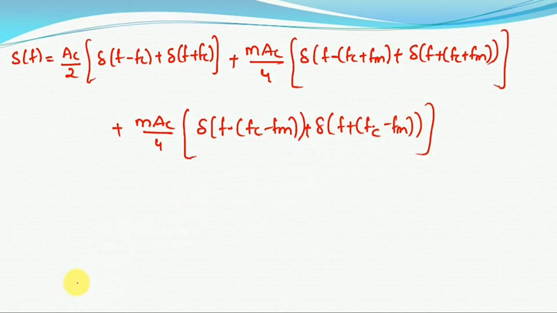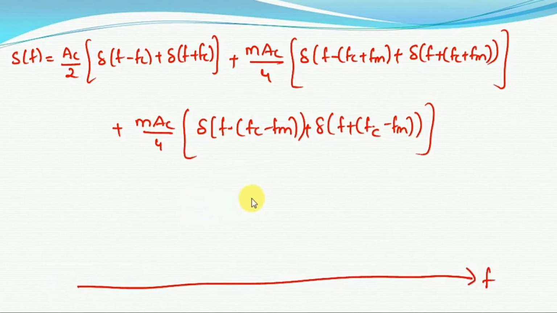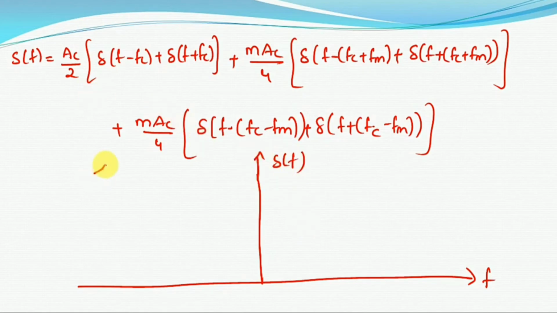So if I draw the frequency spectrum of this AM signal, S of f, the first term is an impulse signal with a shifting frequency of Fc and an amplitude Ac by 2.